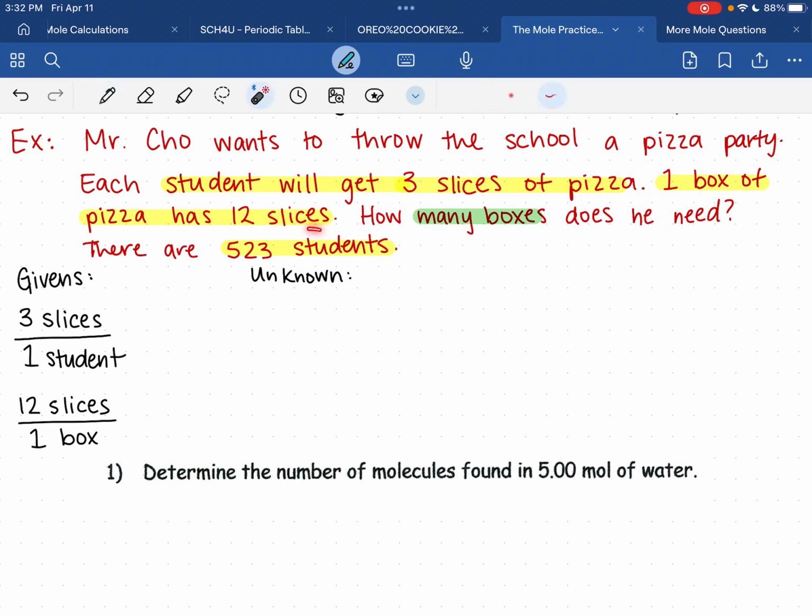We also have this value here, the 523 students. That's not a conversion, that is, instead it's like what we are working with. So 523 students is what we're working with. That's not our unknown, let me move that over.